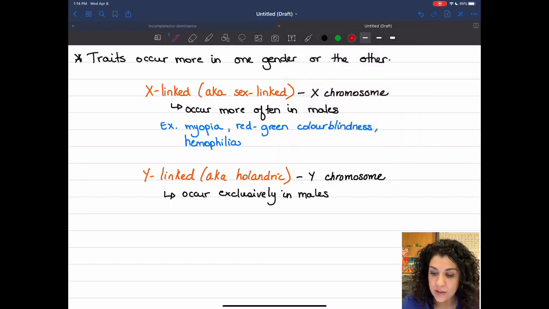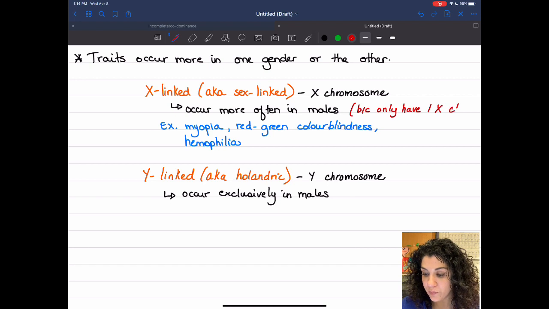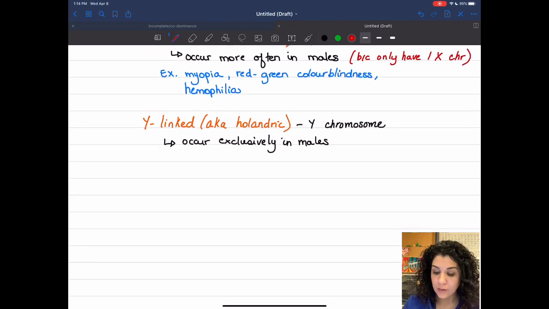We said the X-linked ones occur most often in males because they only have 1 X chromosome. And the Holandric occur exclusively in males because they are the only ones that have the Y chromosome.